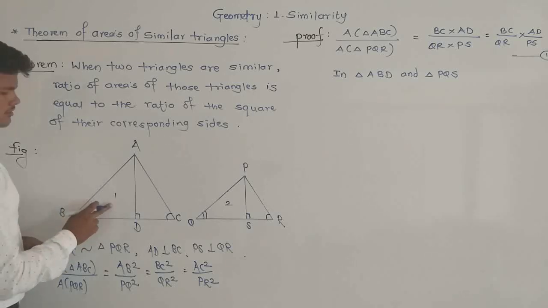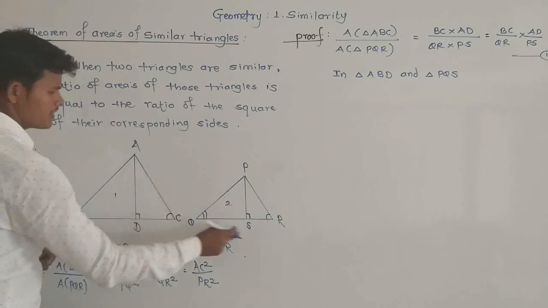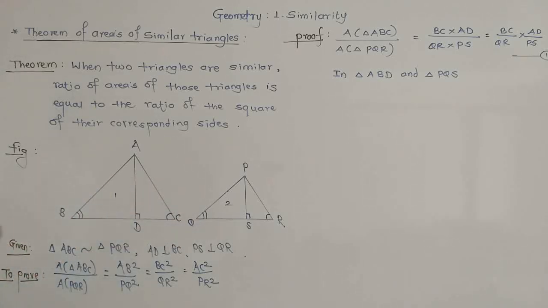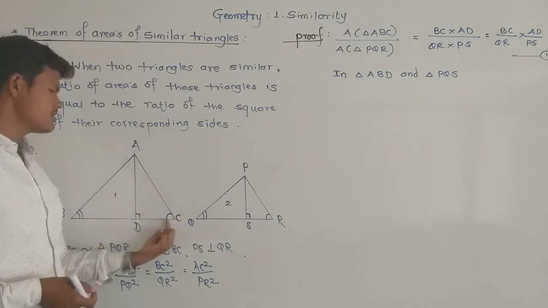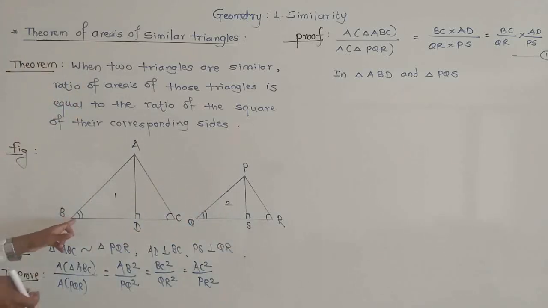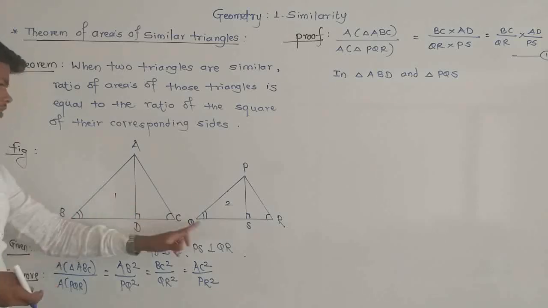For that, for triangle ABD and triangle PQS, angle B is congruent to angle Q. Why? Because it is already said that triangle ABC is similar to triangle PQR, and if two triangles are similar, then their corresponding angles are congruent.